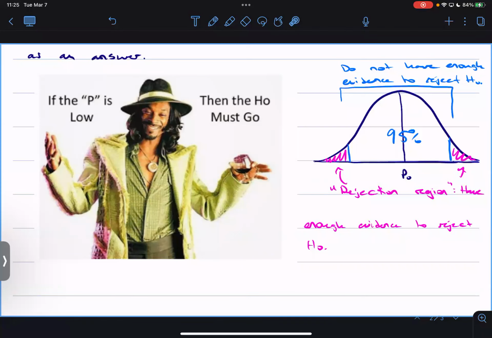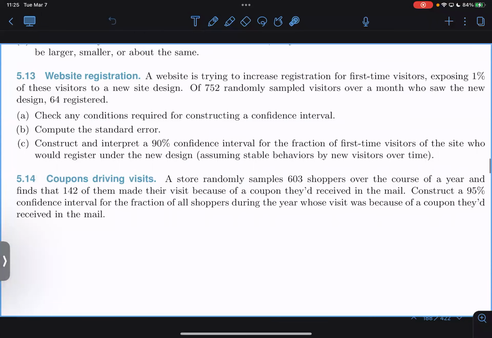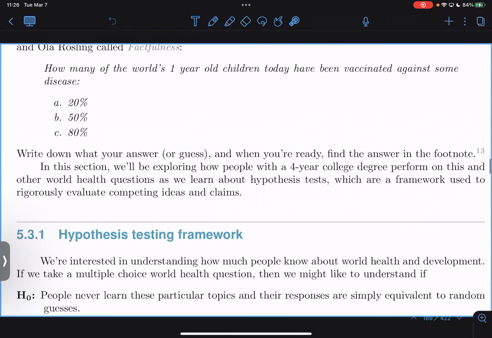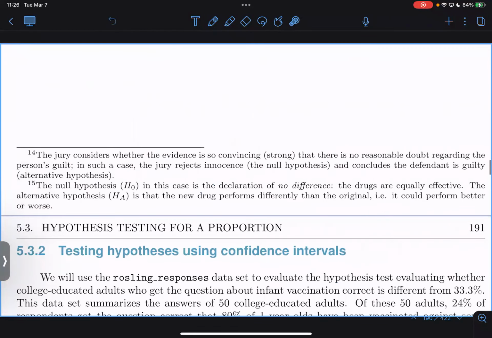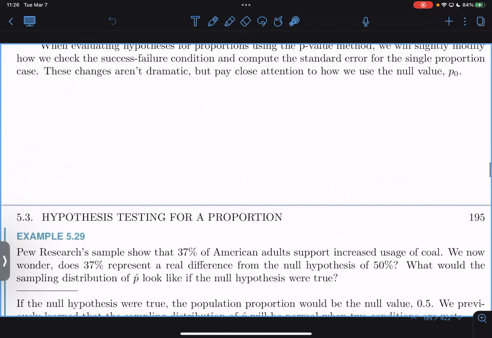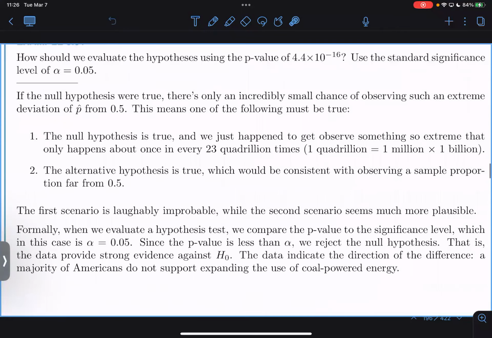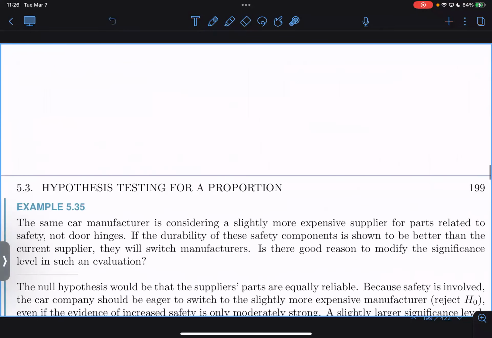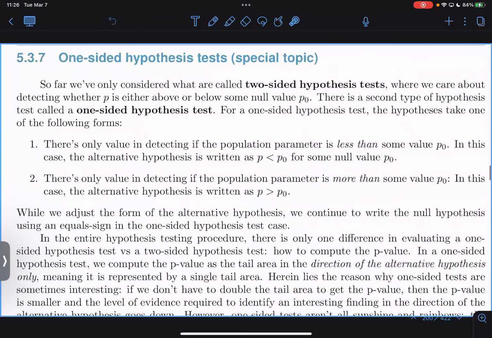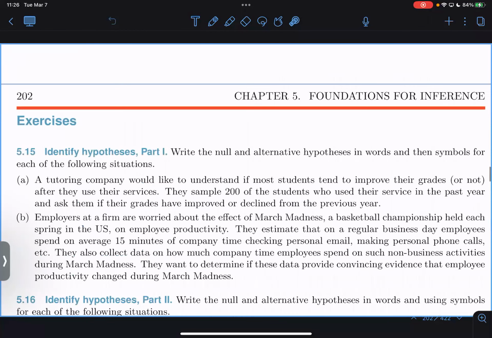Okay, let's jump into that example. Throw you right in. 5.22 is what I wanted. Oh, not example, it's exercise. For some reason, all the exercises I choose are about sleep.